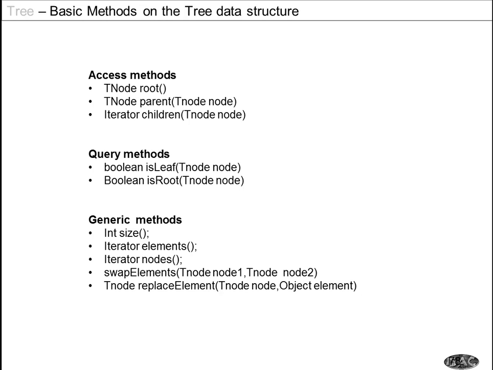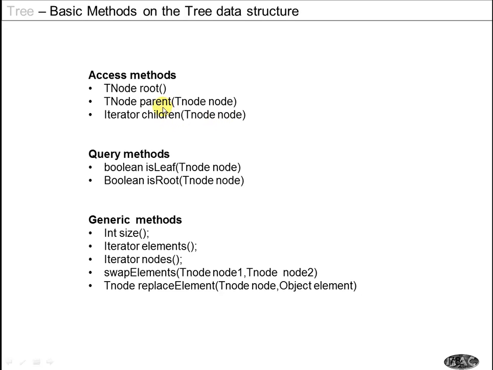Now the tree data structure has various methods, access methods and query methods. Get a reference to the root, so that is the root method, then the parent method, and the children method. If you give a node, it will find all the children nodes of this given input node.